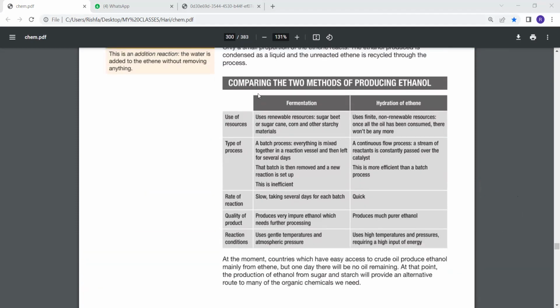Do you want to take this down, just short, the comparison? You can write renewable resource, non-renewable resource, batch process, continuous flow process, slow and quick, more pure ethanol. Do I draw a table like that? Yes, then take all the points in short and send me a picture.